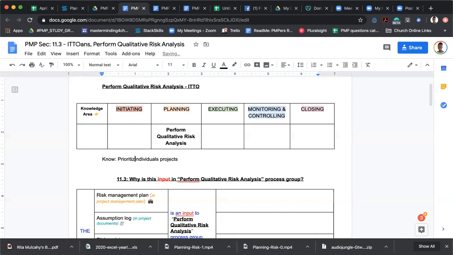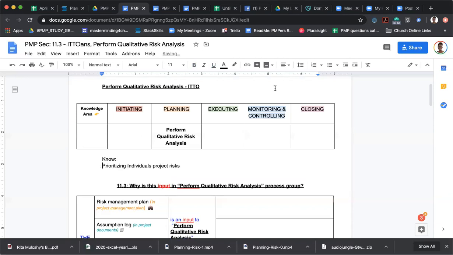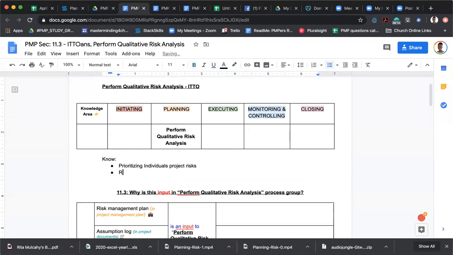Impact again, we'll probably have to look at the risk traceability matrix or whatever it is. And then qualitative, it's not as numeric as quantitative, so that's something to know.